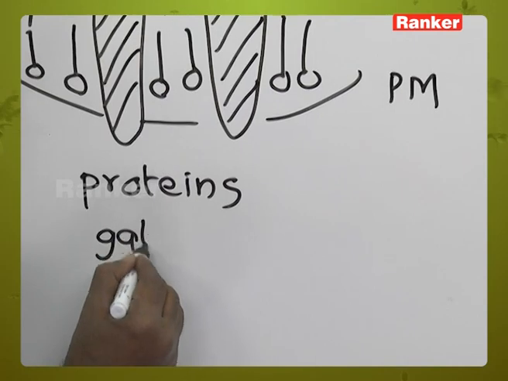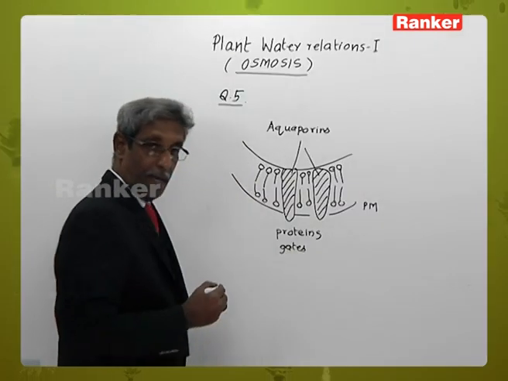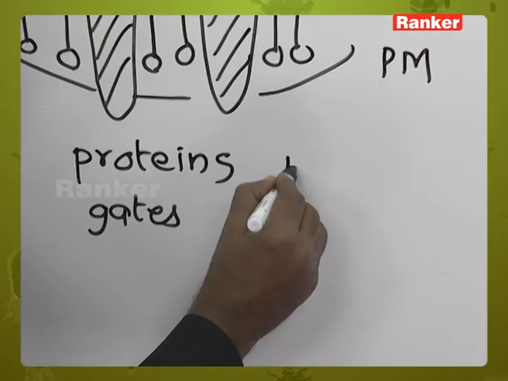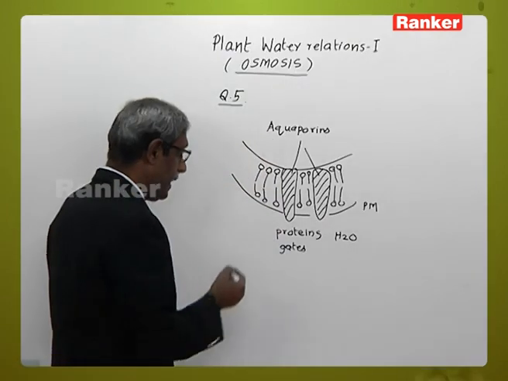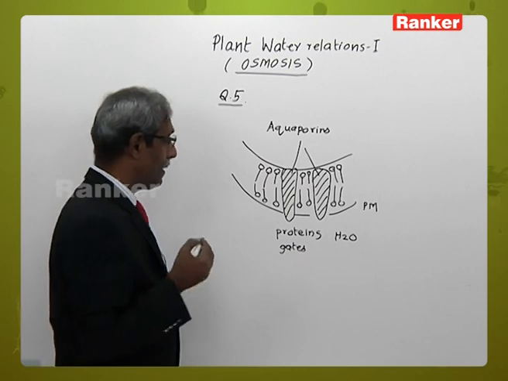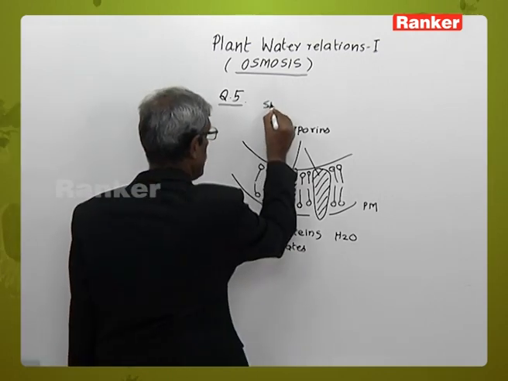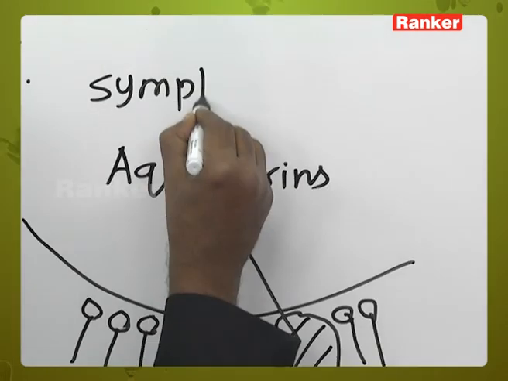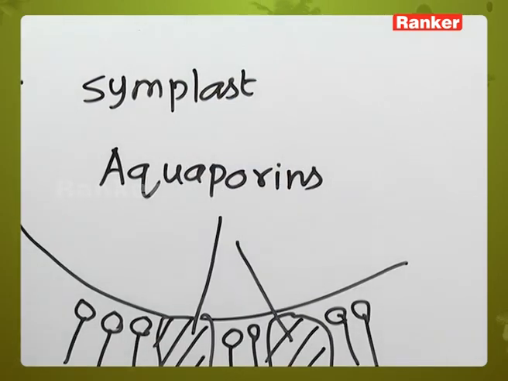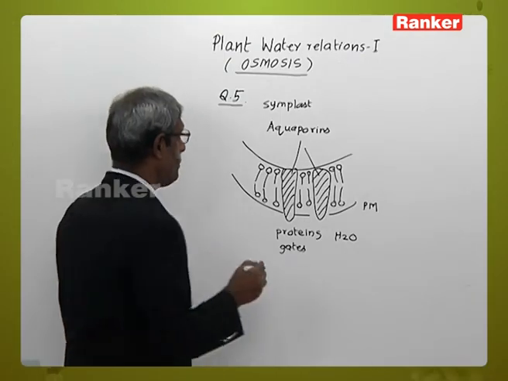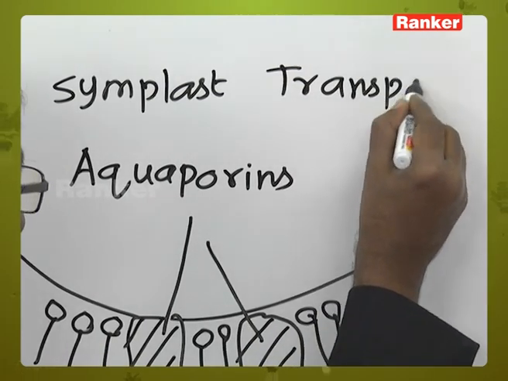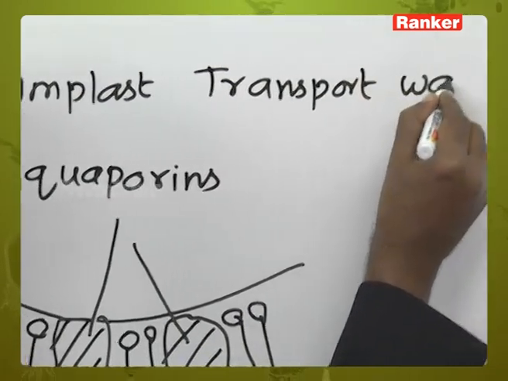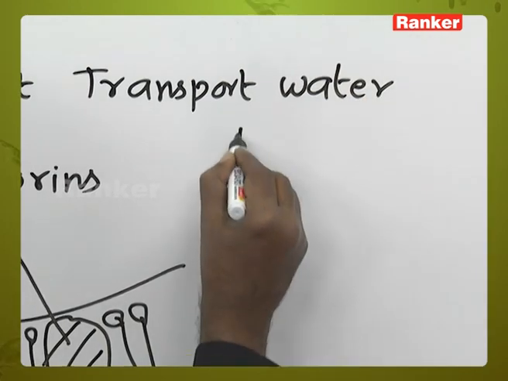They have gates for entry of water, and they have been discovered as the basis for symplast, that is living space, symplast transport of water in plants.